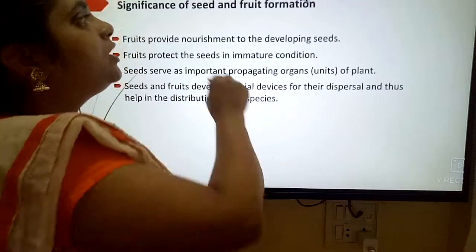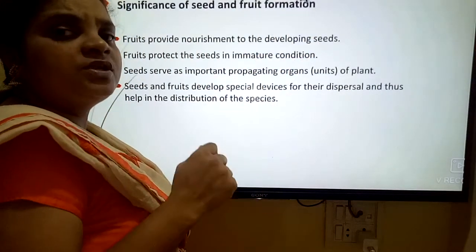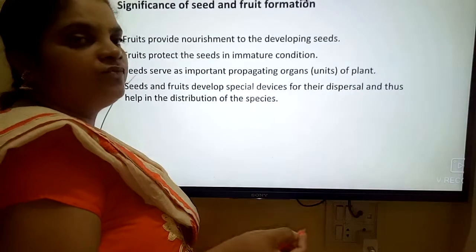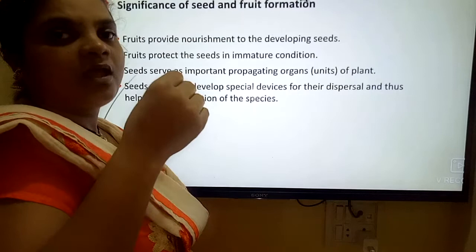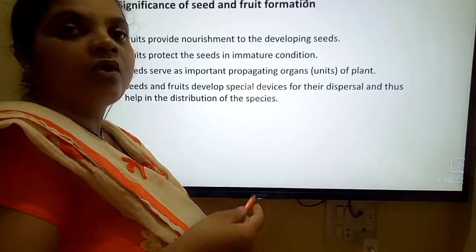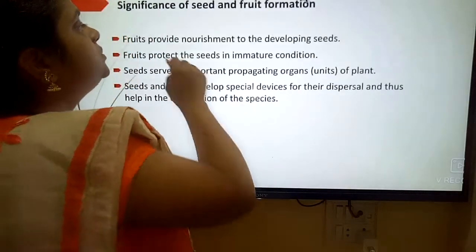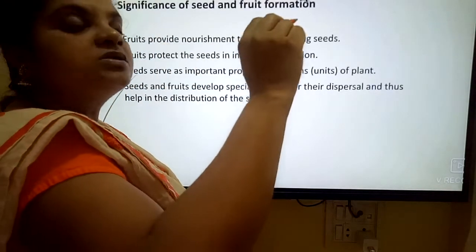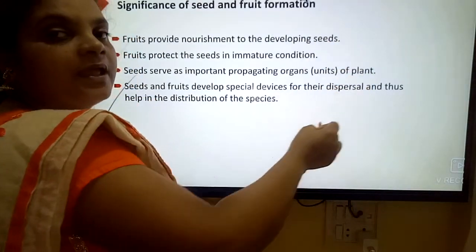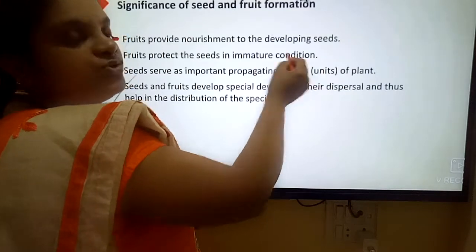Now what is the significance of seed and fruit formation? As I told you in the beginning, the seed helps to produce the offspring of that particular plant. The fruit provides nourishment to the developing seed, and it also provides protection during the immature condition.